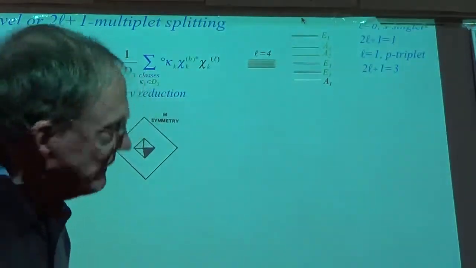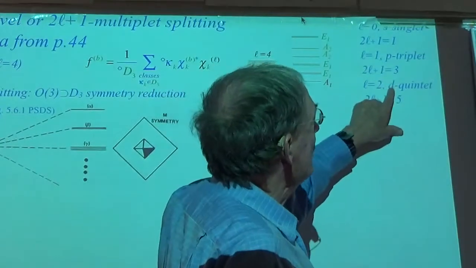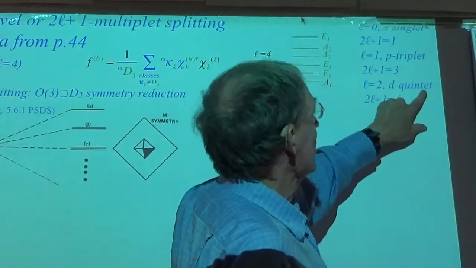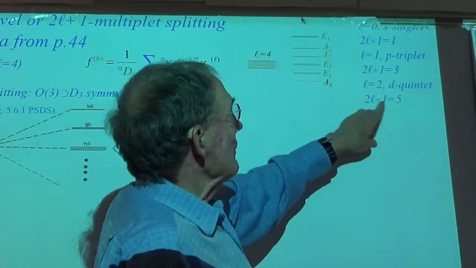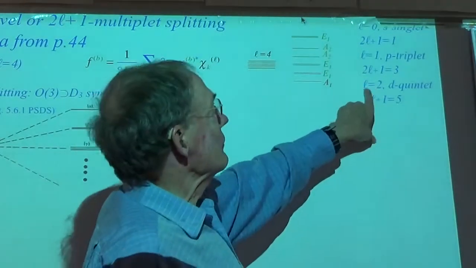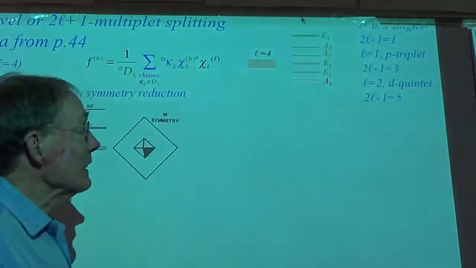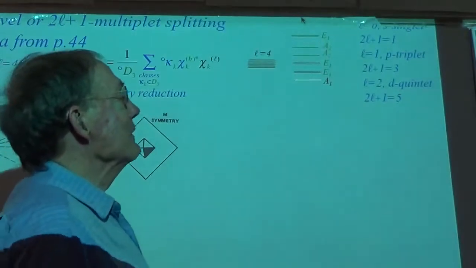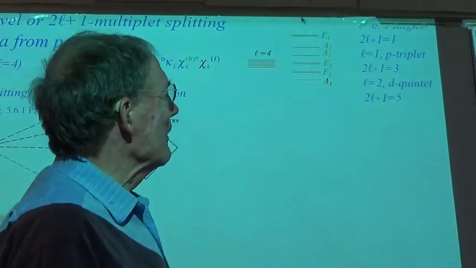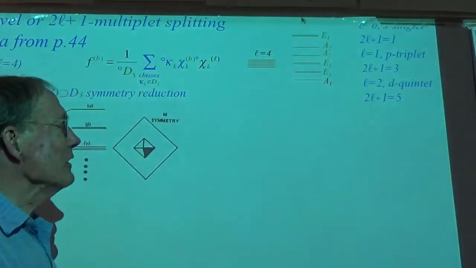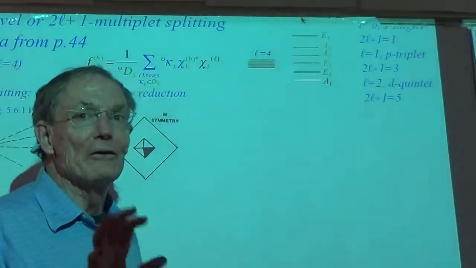The next one after that, L equal 2, is known as the D quintet. It's got 5 levels in it, okay? That's 2 times 2 plus 1. 2L plus 1 is the degeneracy of an arbitrary L level, okay? D might stand for damn or something like that, because it was a hard level to see. It was diffuse. The D stands for diffuse in the early spectroscopy.